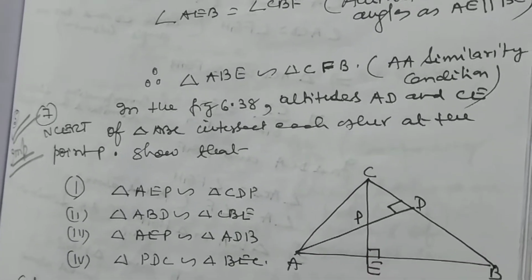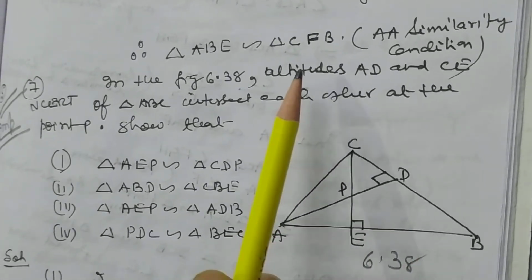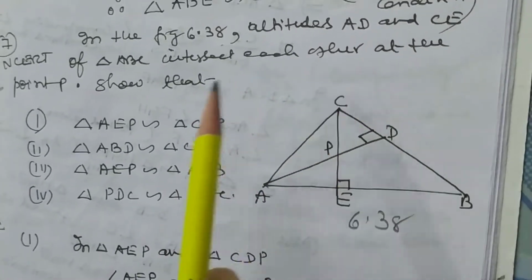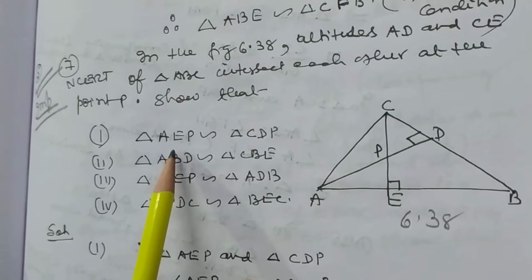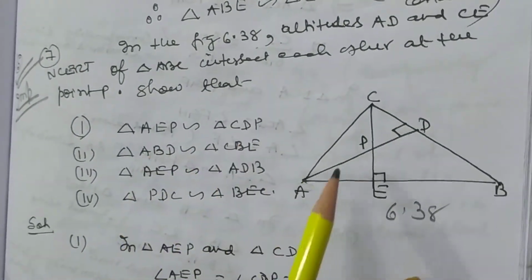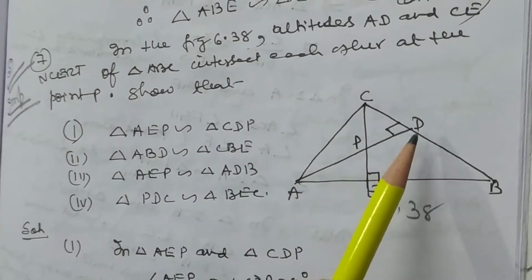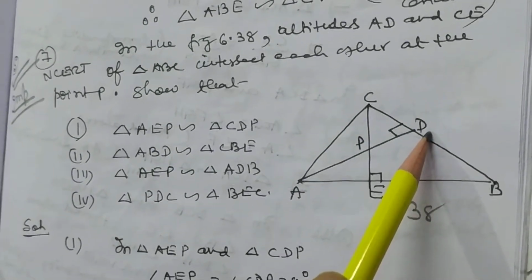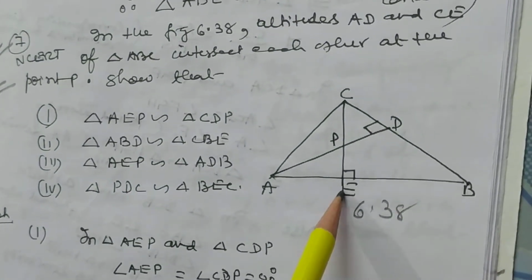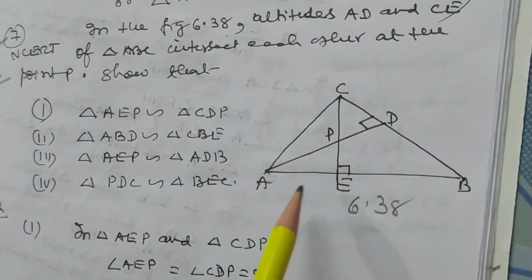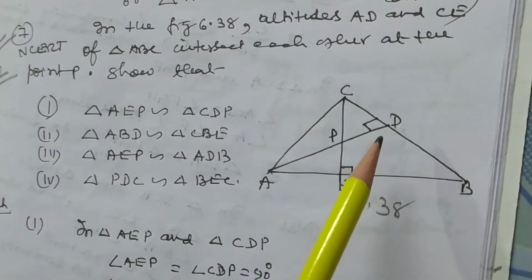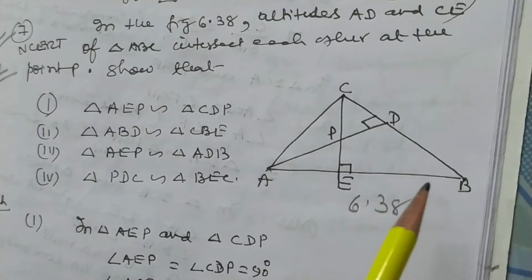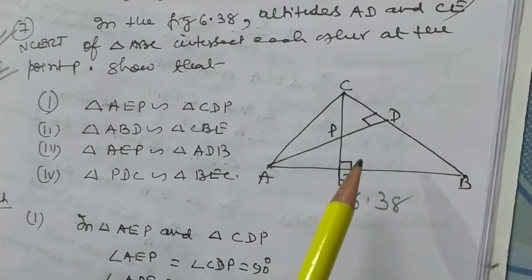In figure 6.38, altitudes AD and CE of triangle ABC intersect each other at the point P. Prove that triangle AEP is similar to triangle CDP, triangle ABD is similar to triangle CBE, triangle AEP is similar to ADB, triangle PDC is similar to triangle BEC.